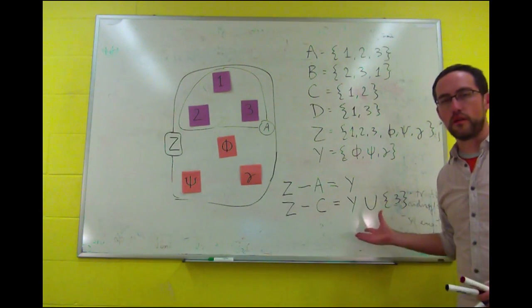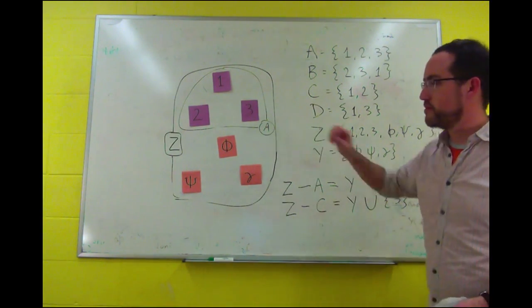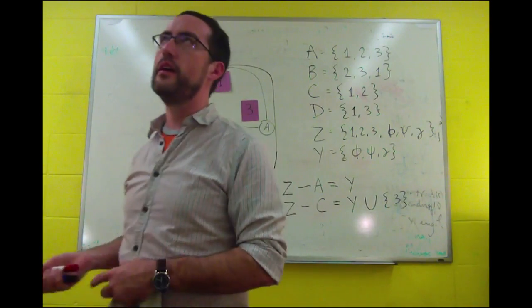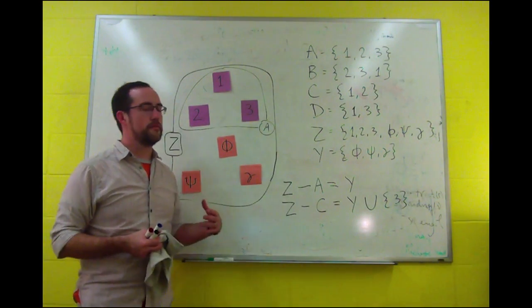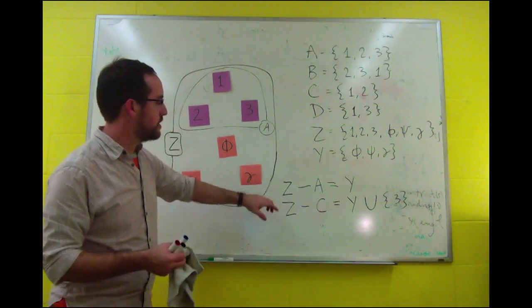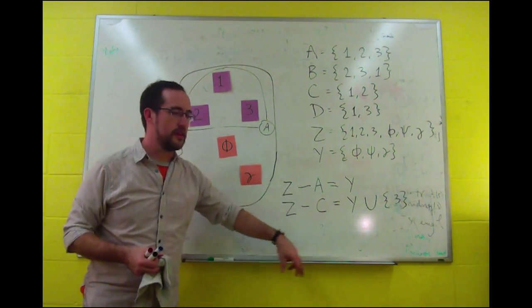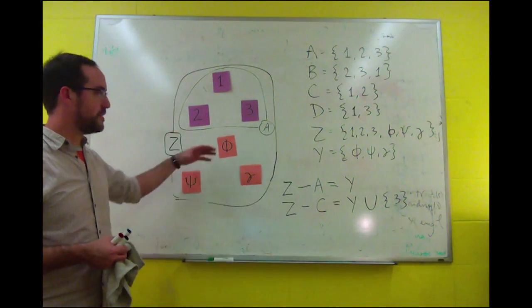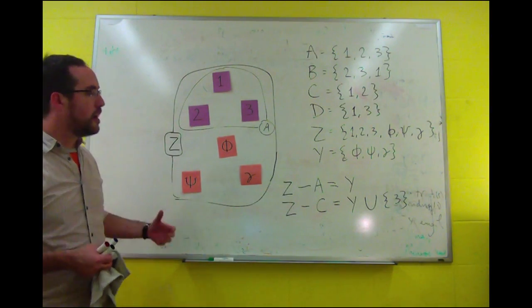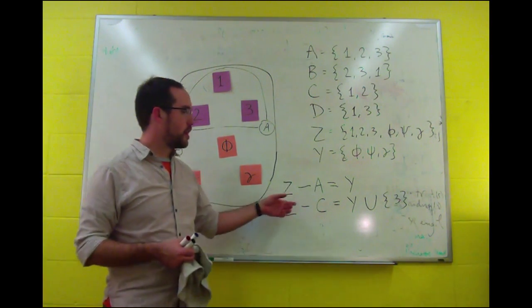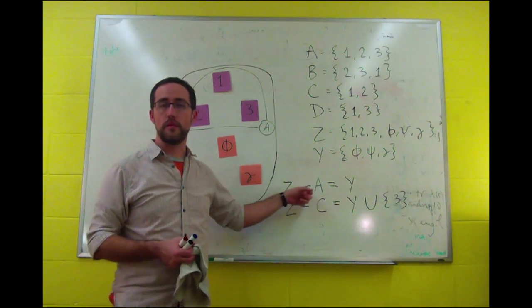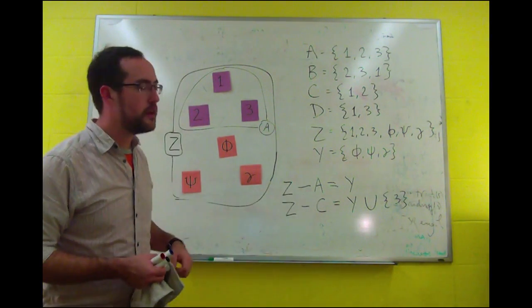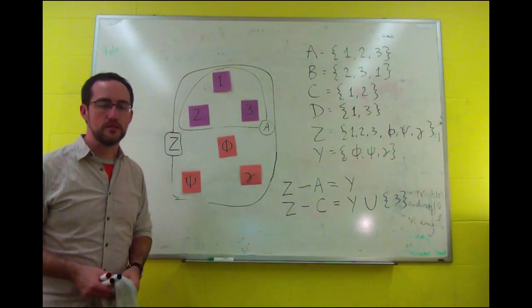And you can work out how that works. But a complement between a superset and a subset is the part of the superset that's not in the subset. And strictly speaking, we'd say the complement of A in Z, the complement of the subset in the superset.